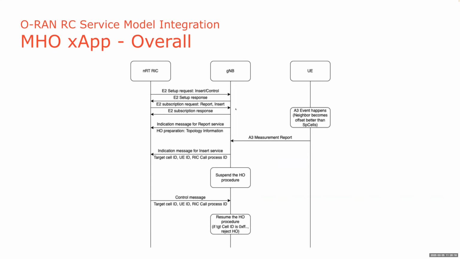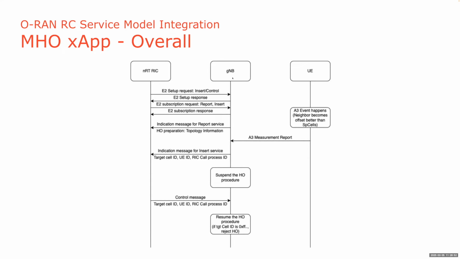Once the UE sends out the A3 measurement report for handover, it doesn't change any kind of handover region or anything, but leaves all the handover logic as is in the gNodeB and UE. Once the A3 measurement report comes in, the gNodeB reports that the A3 measurement report was received to the RIC, and then the gNodeB should start the handover procedure.